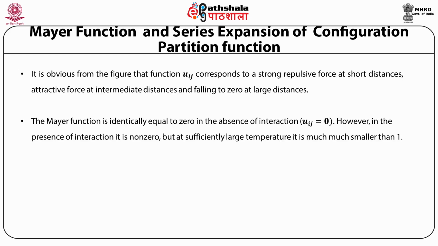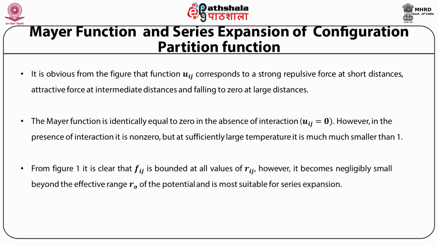However, in the presence of interaction, it is non-zero, but at sufficiently large temperature, it is much smaller than 1. From figure 1, it is clear that f_ij is bounded at all values of r_ij. However, it becomes negligibly small beyond the effective range r0 of the potential and is most suitable for series expansion.